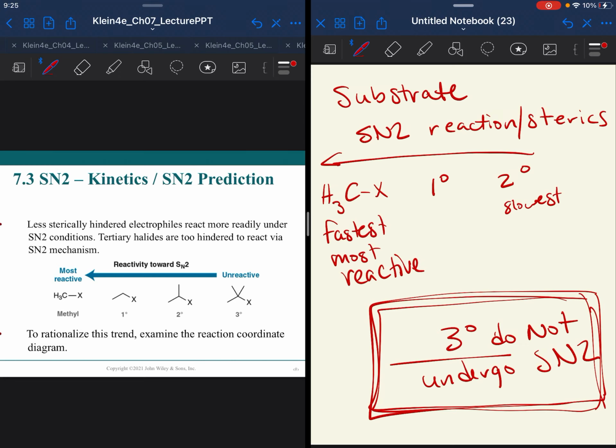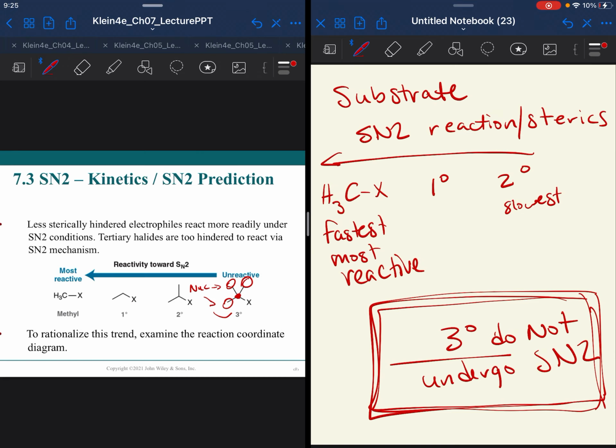And it's because you're blocking this little electrophilic carbon. There's just R groups all around it. And so your reagent, your nucleophile, can't get to it, right? It's sort of like all of these groups are protecting it. And so your nucleophile is like, how do I get in here?